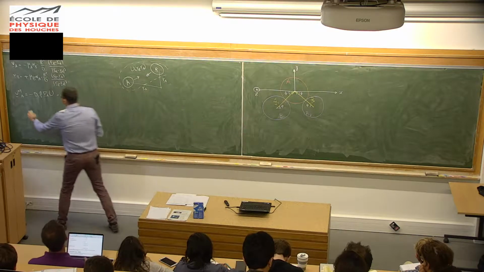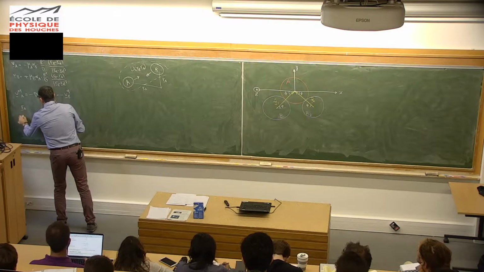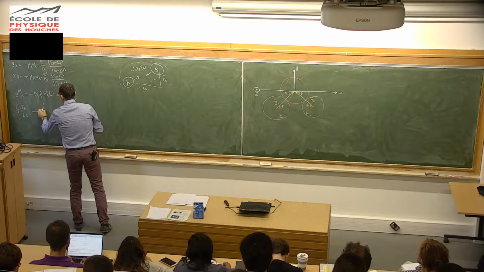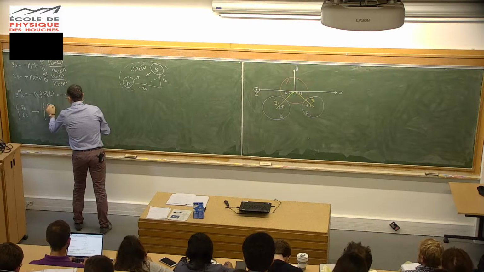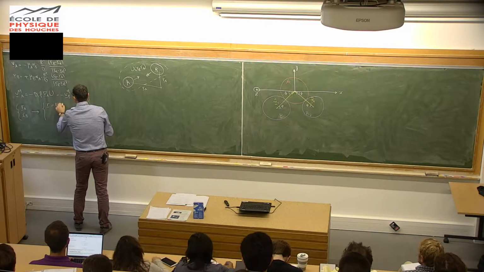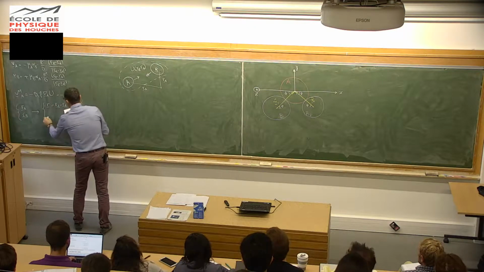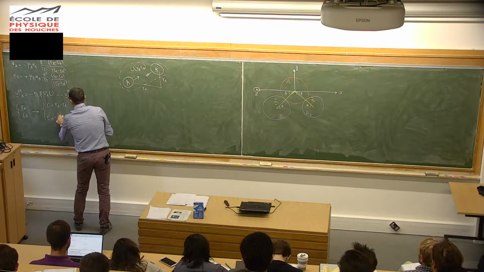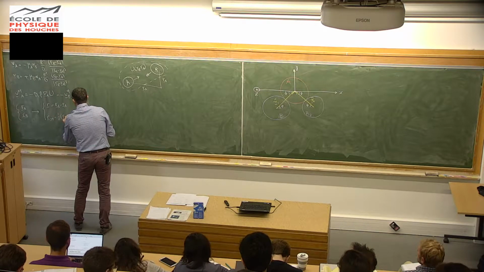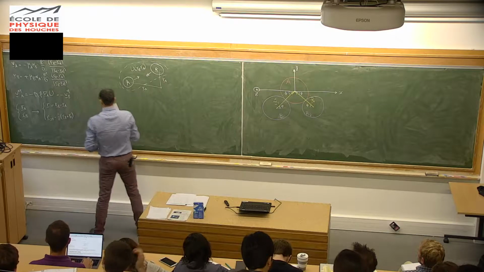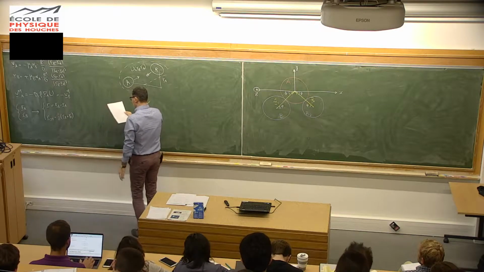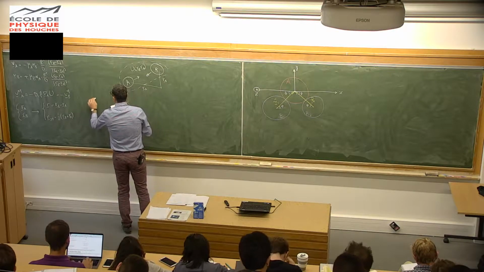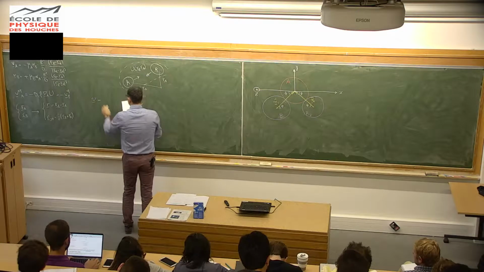Right, so we can go from RA and RB to the difference. We call it R, and then the center of mass, and then we can work out the corresponding velocities.